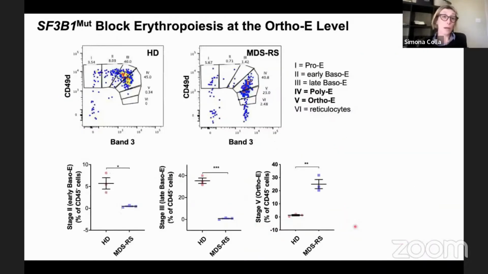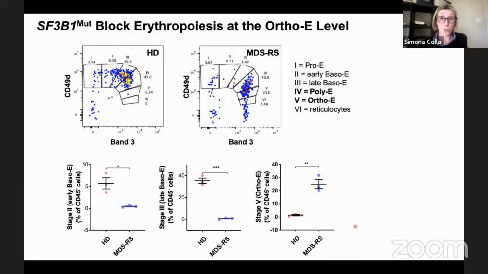We needed to validate this, because this is now single-cell RNA sequencing data, but for a good publication you need to further validate the data using flow cytometry, using possibly a different approach.